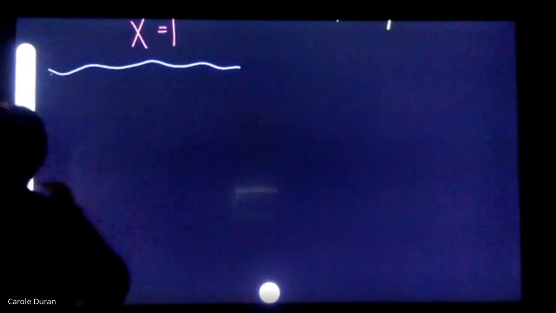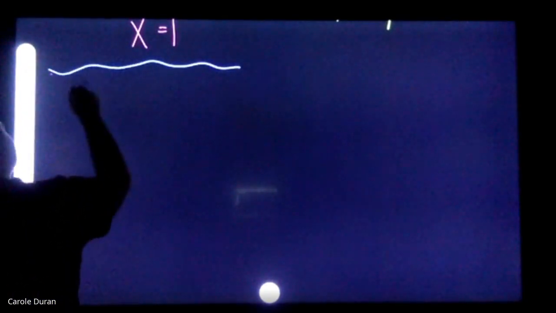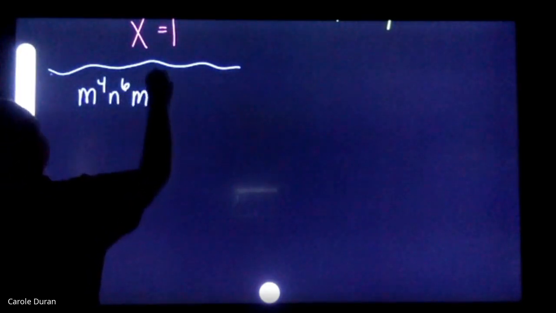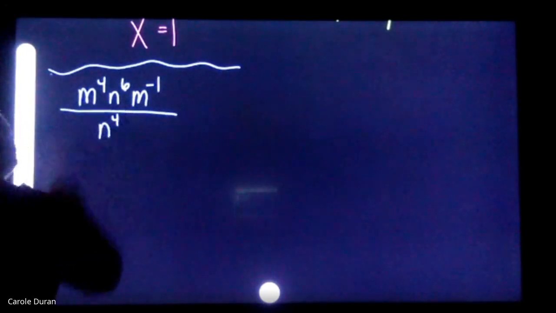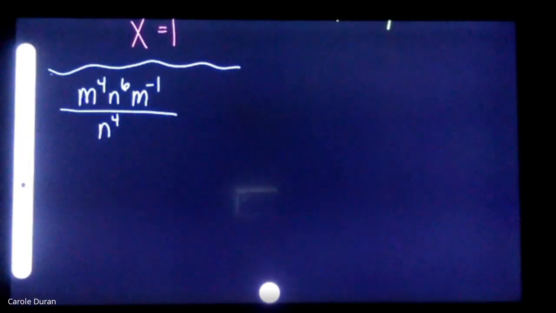Okay, so I have m to the fourth times n to the sixth times m to the negative 1 all over n to the fourth.